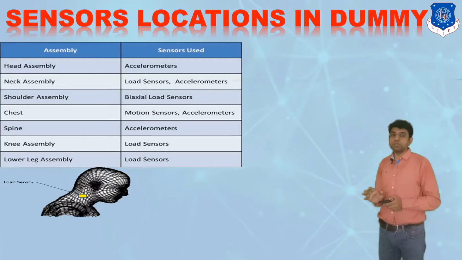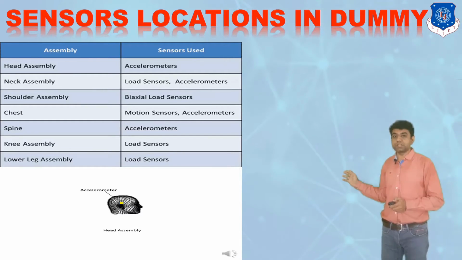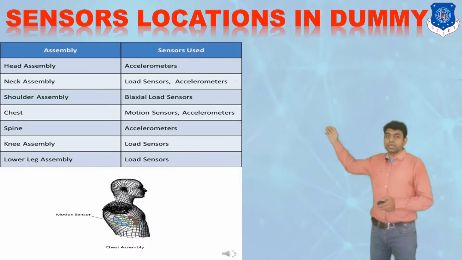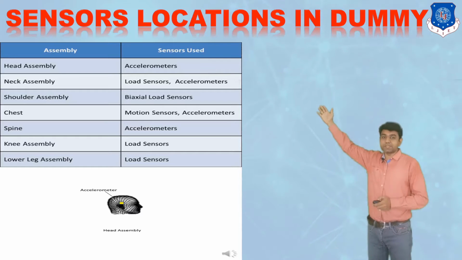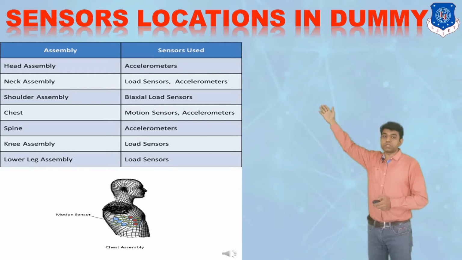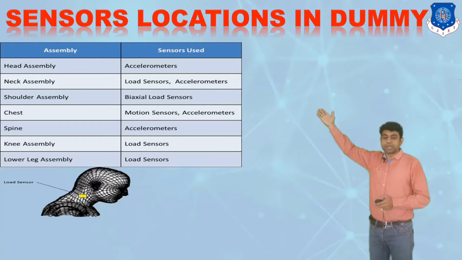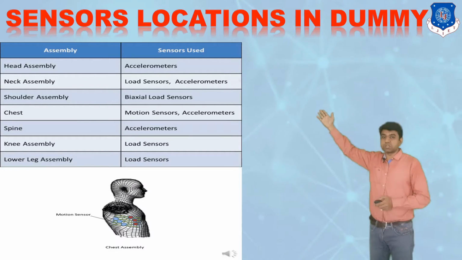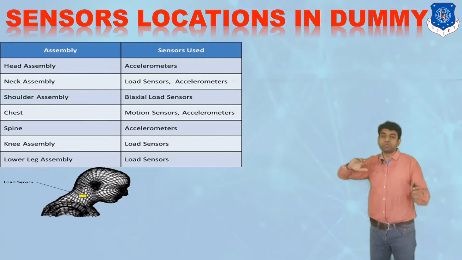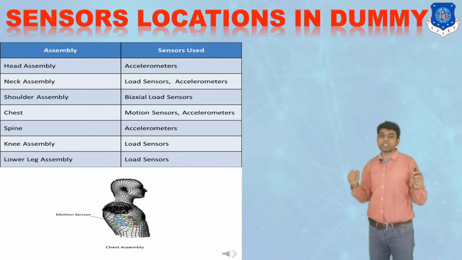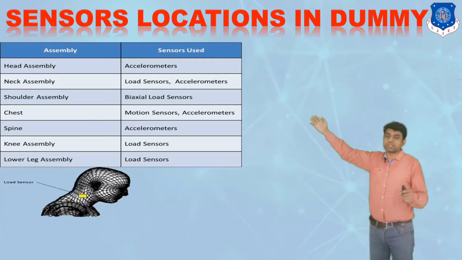Now we need to understand at what locations these sensors are located. Normally in the head assembly we have the accelerometer sensors. In the neck assembly we fit the load sensors as well as accelerometers. In the shoulder assembly we keep biaxial load sensors, because at the shoulder there can be movement from two different directions, so load can act from both. So biaxial load sensors are kept.